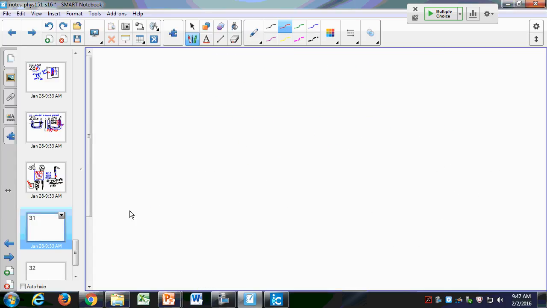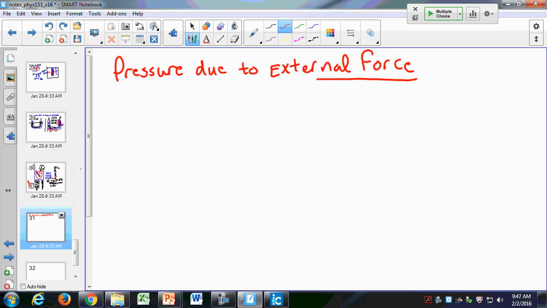Now let's look at the third thing, which is the pressure due to an external force. This is a principle called Pascal's Principle.